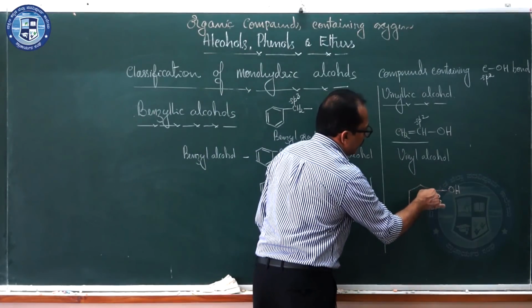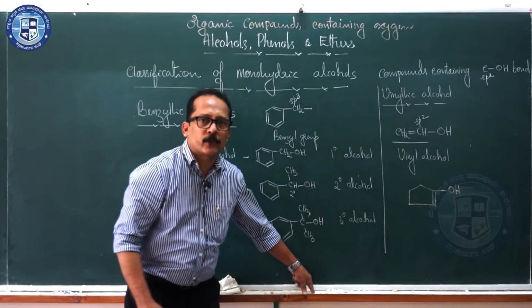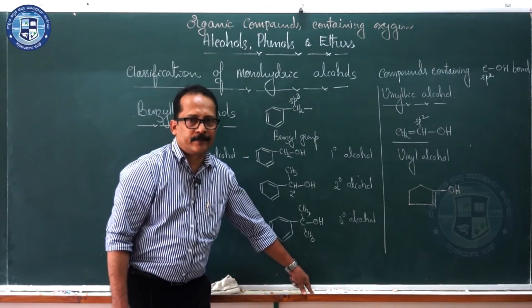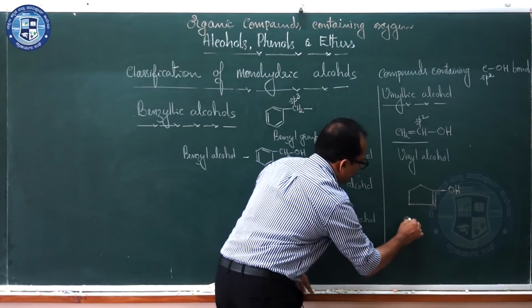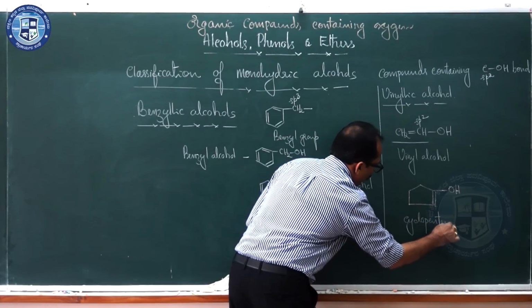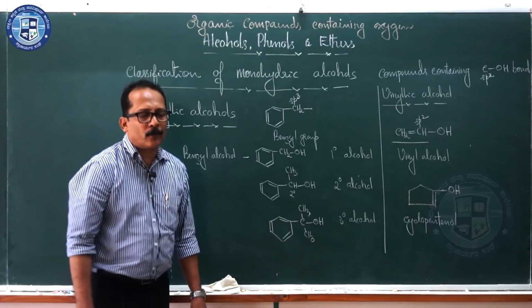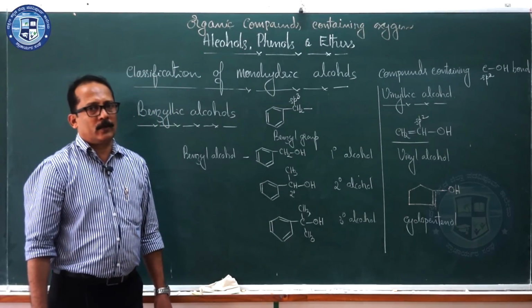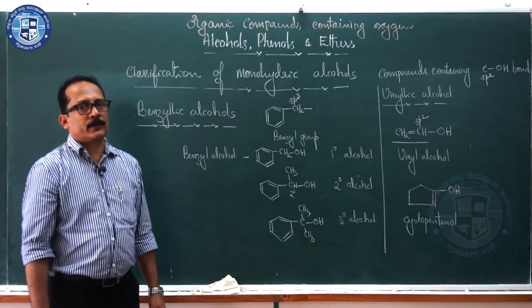What is the nature of this carbon atom? It is sp2. OH group is attached to sp2 hybridized carbon. This compound is called as cyclopentenol. It is also an example for vinylic alcohol. So, this is about classification of alcohols.